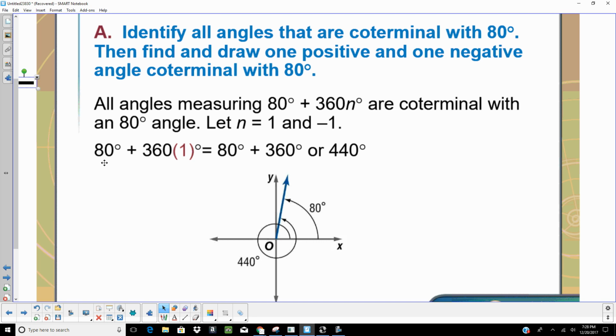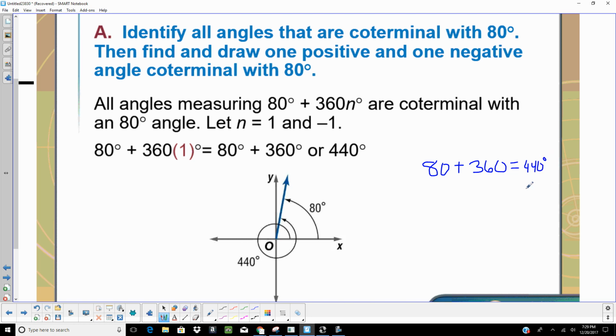So that's going to be either 80 plus 360. That would be my positive, and that gives me 440.